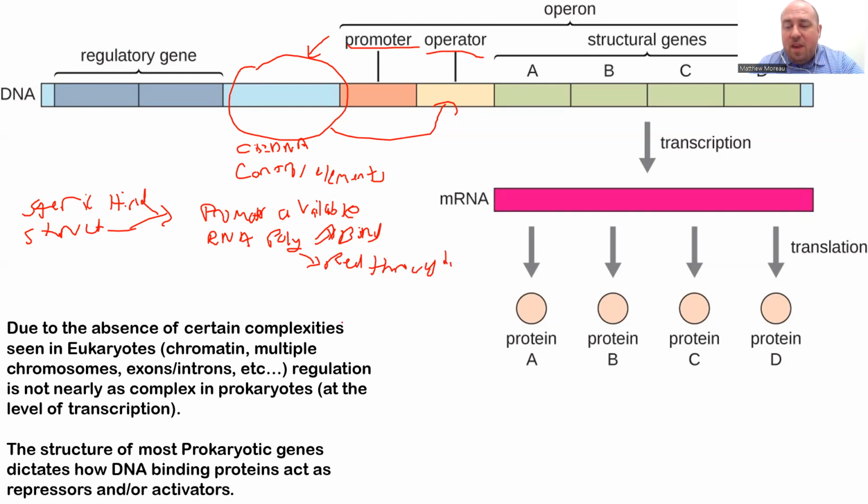So any of these things that can affect promoter availability or the ability for RNA polymerase to do its job can actually regulate gene expression.